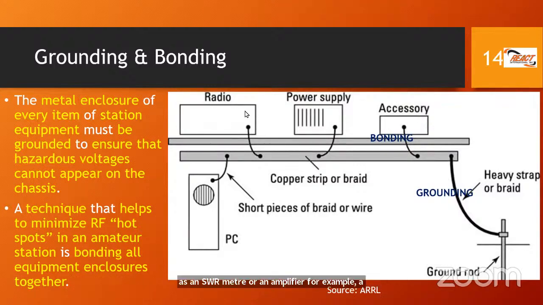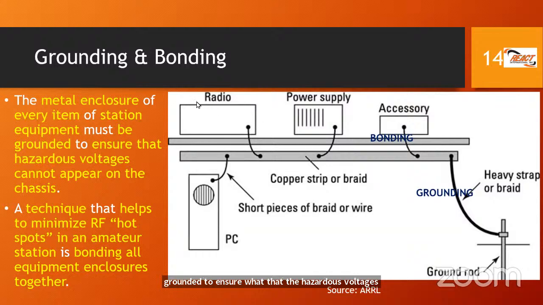So you make sure they're all grounded, because if you don't, that could be a safety concern. And this exam question here says that the metal enclosure of every item of station equipment, bar none, must be grounded to ensure what? That hazardous voltages cannot appear on the chassis.